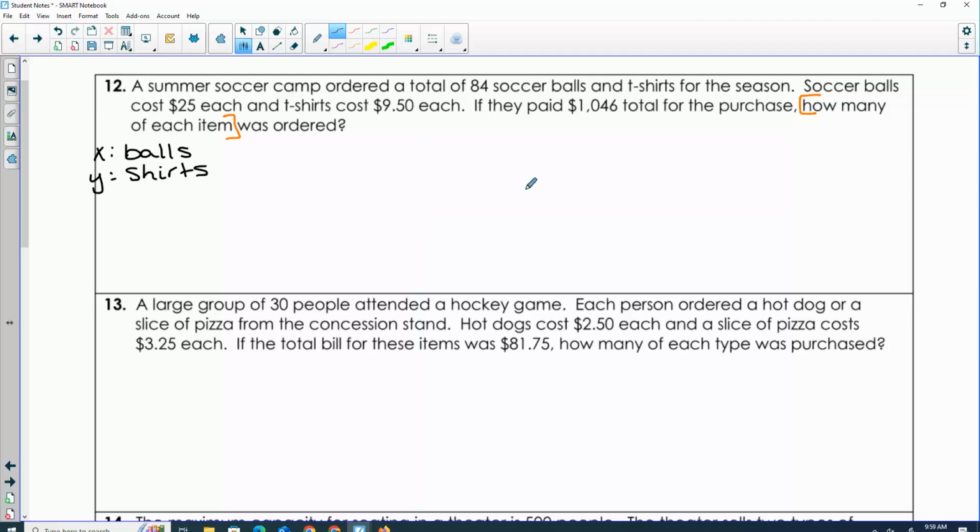So we look. It tells me we ordered a total of 84 soccer balls and t-shirts. That means all together. So the number of balls plus the number of shirts will be 84. That's how many items I purchased.